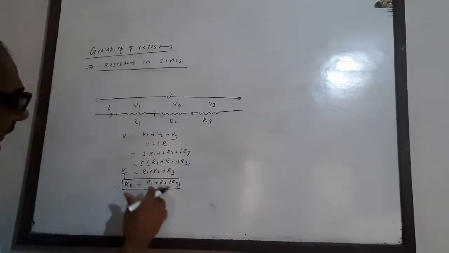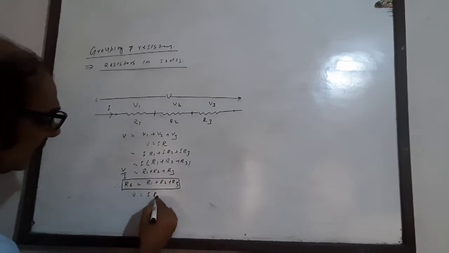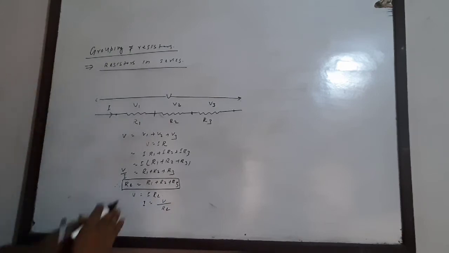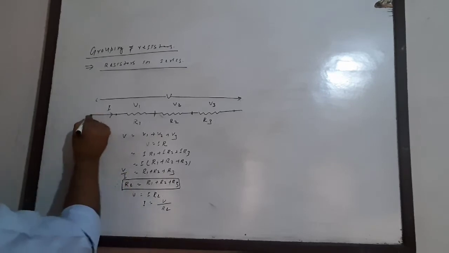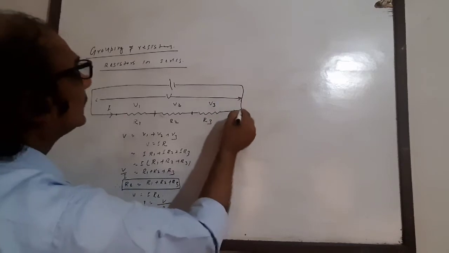And to find the current, V is equal to I R equivalent, and that is why I is equal to V by R equivalent. The same expression holds when it is connected to a cell.